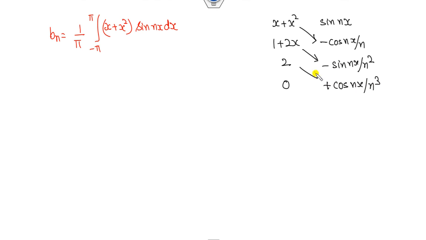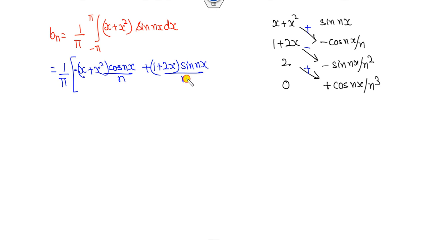You can multiply them with the signs plus, minus, plus. So 1 over pi, it is x plus x square with a negative sign, cos nx over n, minus 1 plus 2x sin nx over n square, plus 2 times cos nx over n cube, from minus pi to plus pi.